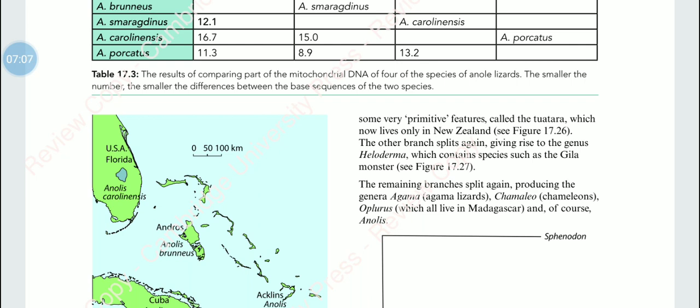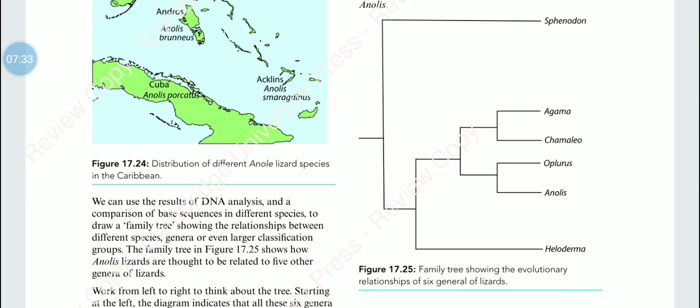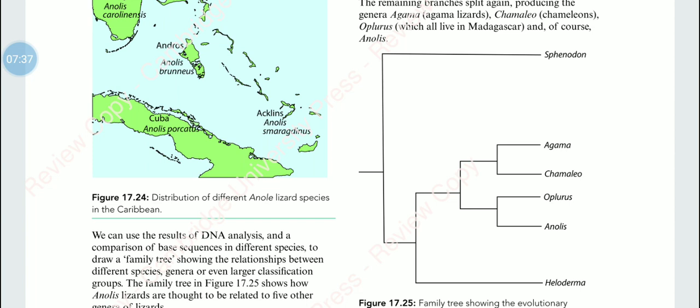When you compare these lizards from New Zealand and other countries, they have very common features, and sometimes the primitive features are common. That suggests that if you go back using a family tree, you will be able to find a common ancestor. Here in this chart on the right hand side, you can see a chart.